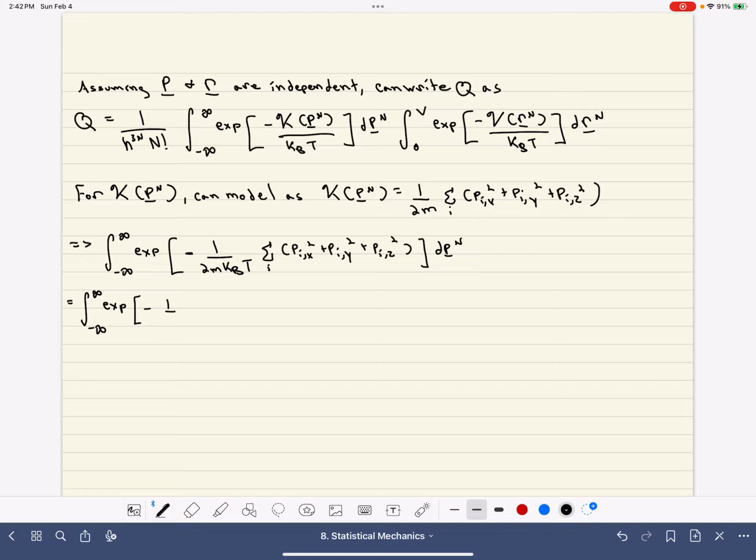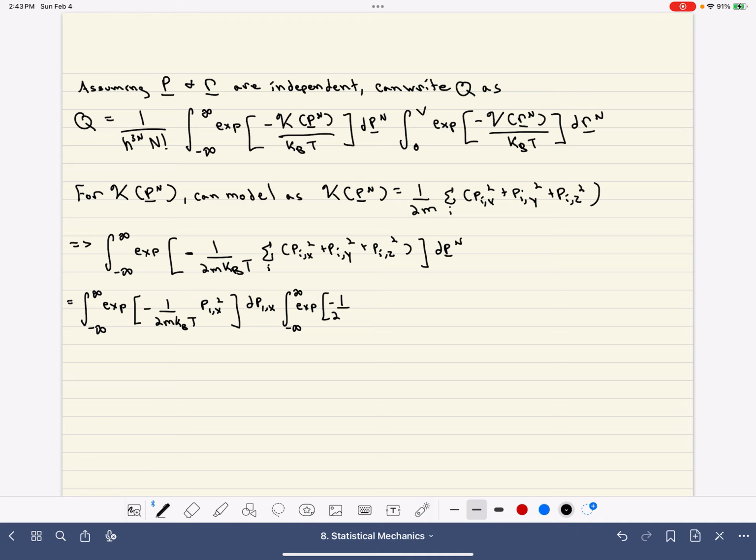Negative 1 over 2m kBT, so now we have p_1x squared dp_1x, and then that's multiplied by the integral from negative infinity to infinity for the second term.